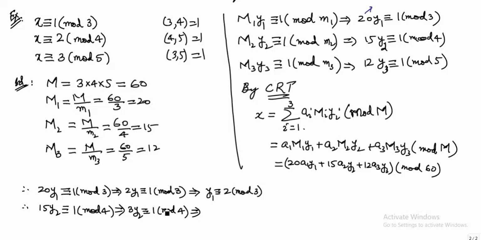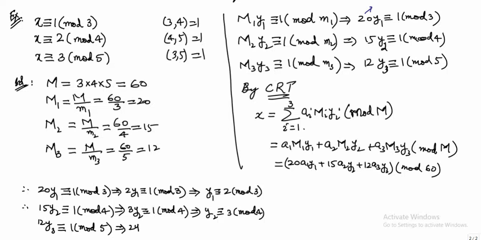We multiply both sides by 3, so 3 times 3 is 9, and 9 is 1 in modulo 4. So y2 is congruent to 3 modulo 4. And then the last, 12 y3 congruent to 1 modulo 5.